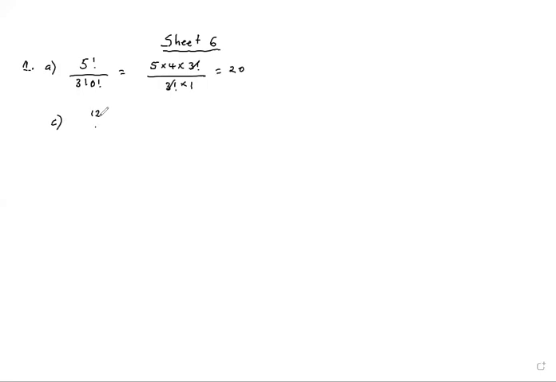C: 5 choose 3. The first thing we do here is we first plot out 5, 3, so that we know what kind of number it is. That's 5 factorial over 3 factorial, 5 minus 3 is 2 factorial.